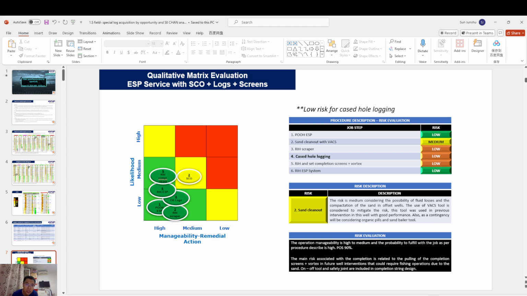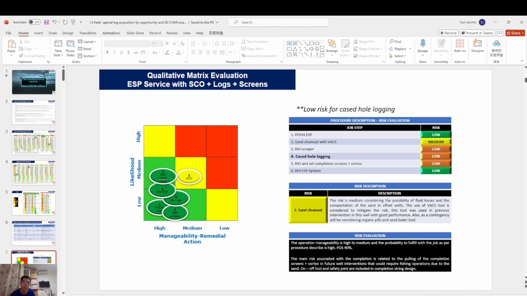Risk evaluation. The operation feasibility is high to medium, and the probability to fulfill the job as per procedure described is high. Possibility of success 90%.